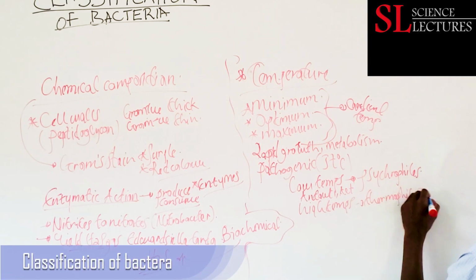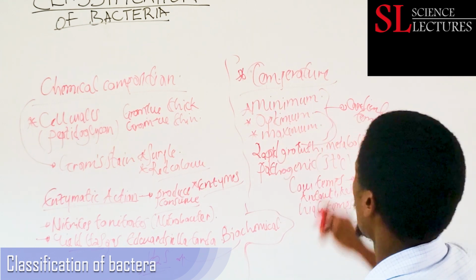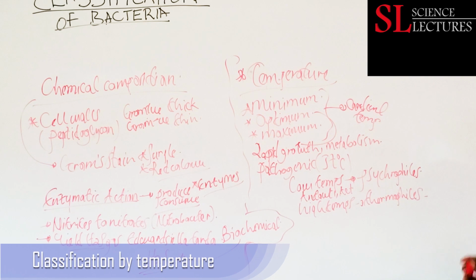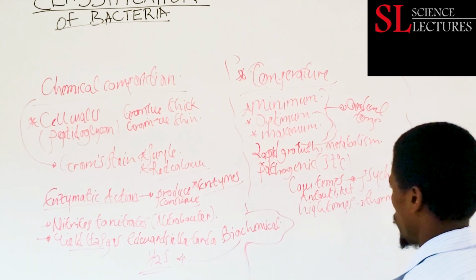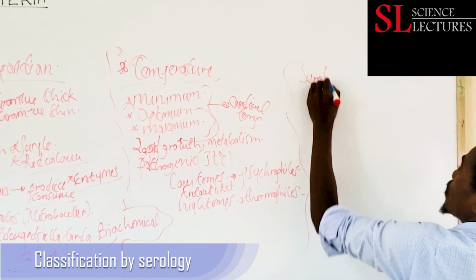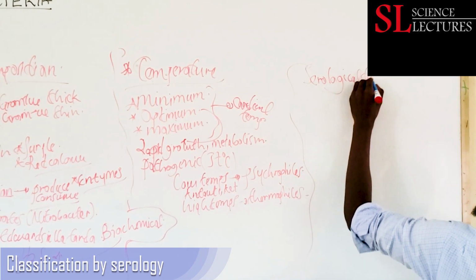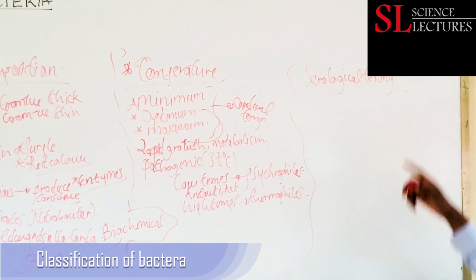So this is classifying basing on the temperature. Different bacteria will have a different optimal temperature through which they will thrive. Then we can also have another classification basing on what we call serological testing, or serology.